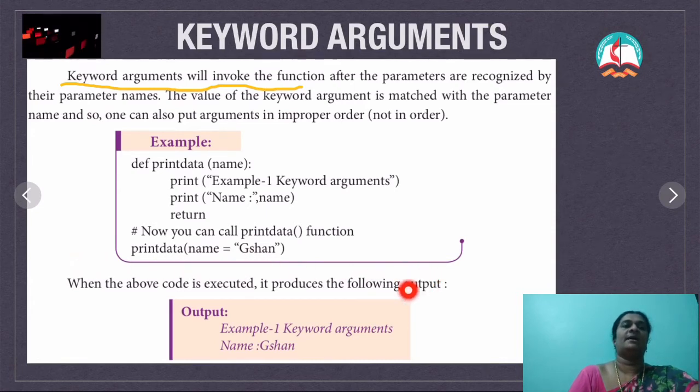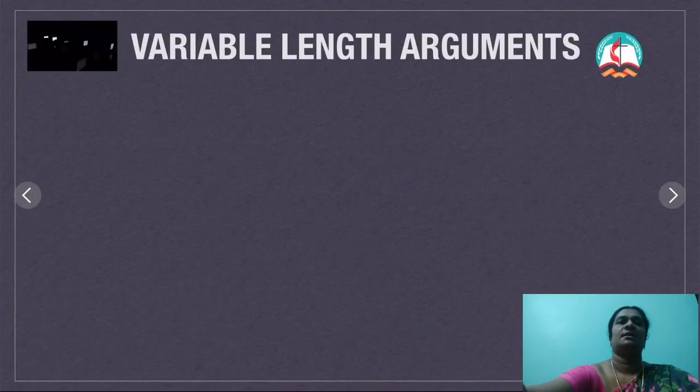And now what will happen? When the above code is executed, it produces the following output: Example 1 keyword arguments, example Sean. This is how the keyword argument will invoke the function after the parameters are recognized by their parameter name. With the help of the name, they recognize it. And what is the next argument?